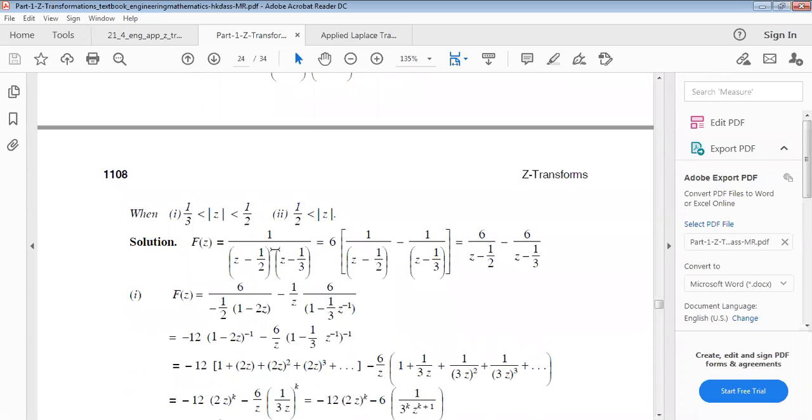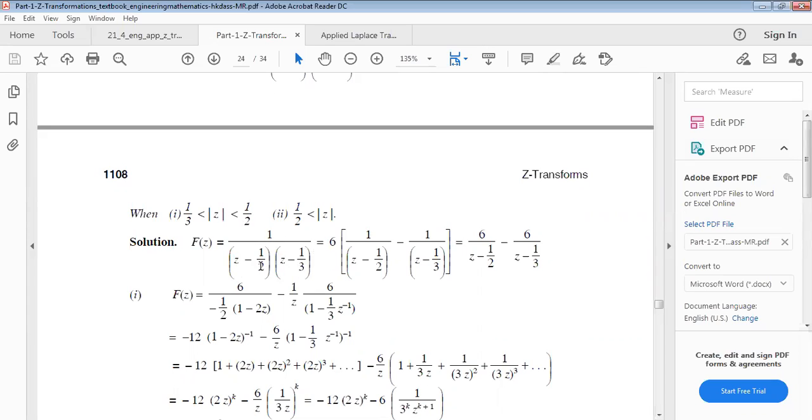If we are given this z transformation, we can take common what here. This can be written as (z minus 1 by 3) minus (z minus half). In the numerator we can write this minus this. Then we have to put 6 here to cancel 6, because we get 1 by 6. So 6 will be cut, then 1 will exist.